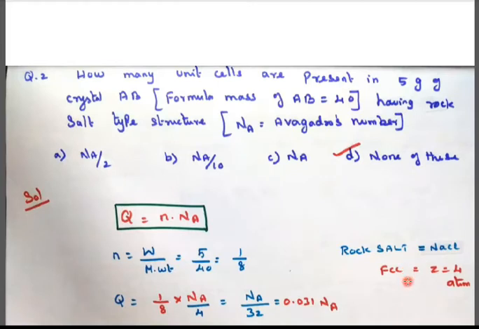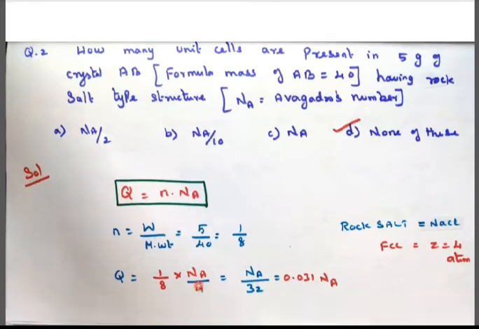So Z is equal to 4, and we divide by 4. So 1 into Na, 8 into 4, 32: Na by 32. There is no Na by 32 in these four options, so the answer is none of these. Sometimes it may be given as a value of 1 by 32, which is 0.031 Na, where Na is the Avogadro number.